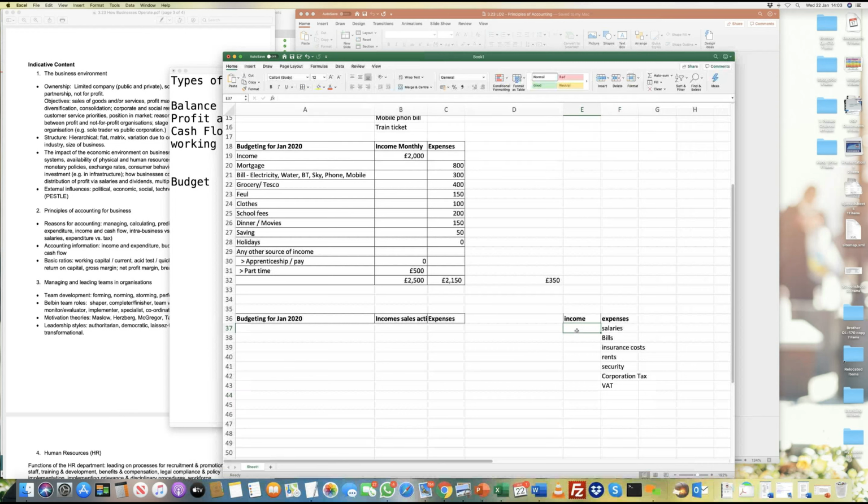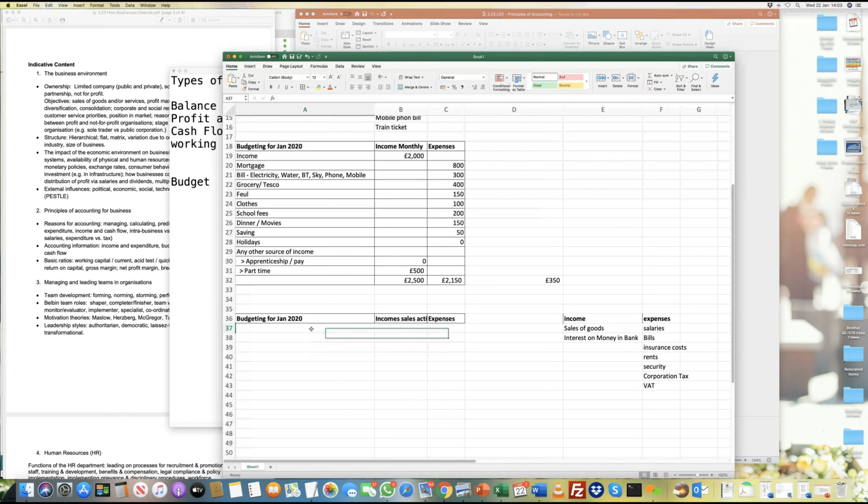The income is going to be the money being generated from sales of goods and services. And then there's net profit. Net profit, yeah. So anything in terms of interest, which the company is earning on money in the bank. If they have any profits which have been generated in previous months and years, and that money is lying in the bank, they're getting interest on that money from the bank.